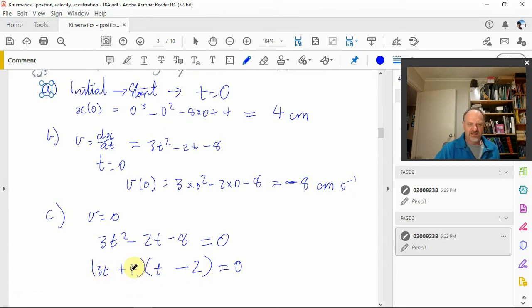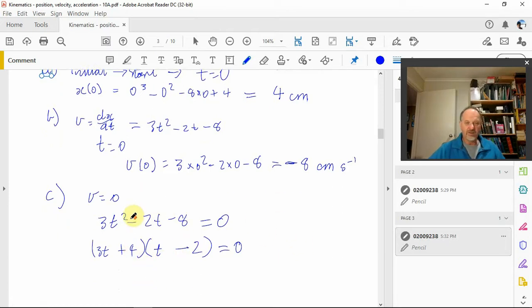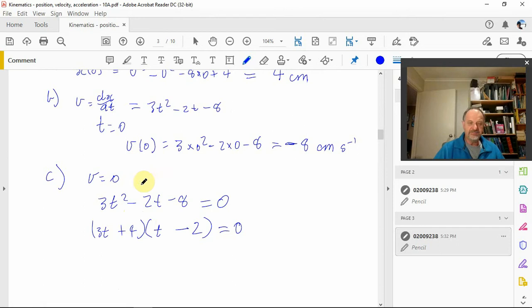So minus 6t plus 4t is minus 2t, so there we are, that's good. Then our null factor law says that 3t plus 4 could be 0, or t minus 2 could be equal to 0. Now, if I rearrange this, take 4, divide by 3, so negative 4/3 seconds.